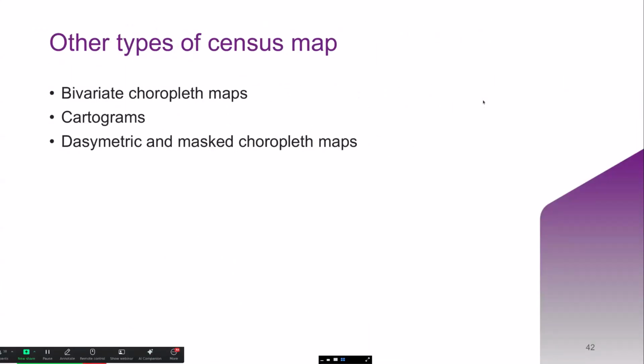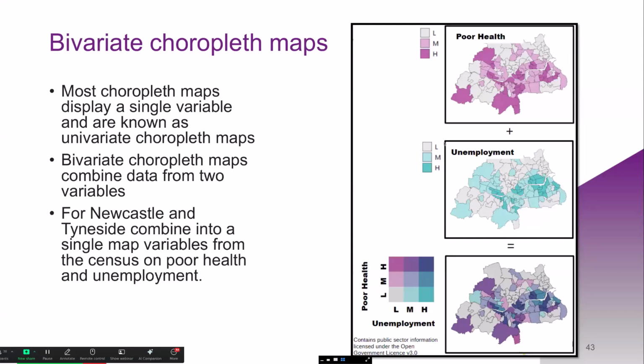There are other types of census map, which we're going to look at now. There are bivariate choropleth maps, there are cartograms, and there are dasymetric and mass maps. So, bivariate choropleth maps. Most choropleth maps, and the ones we create today, are called univariate choropleth maps because they're only displaying a single census variable.